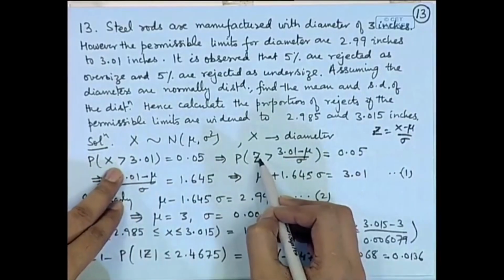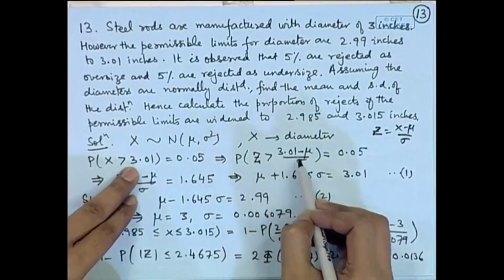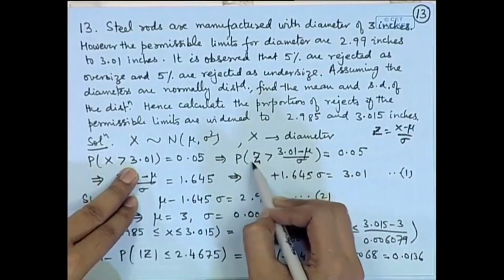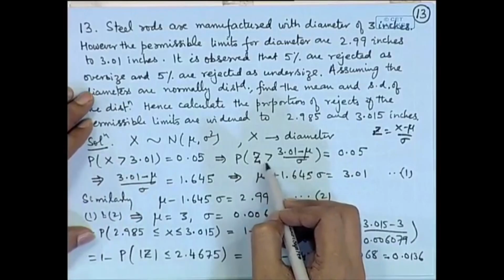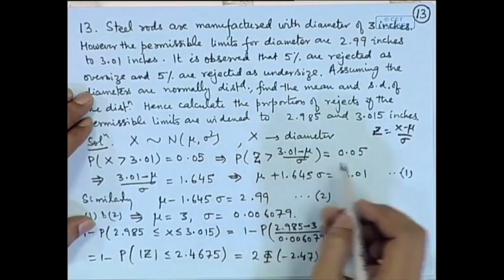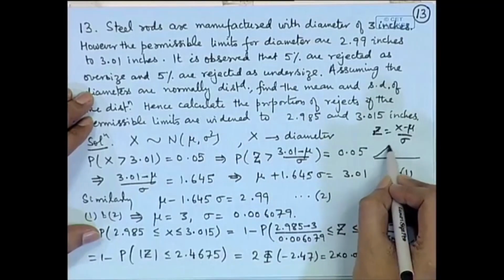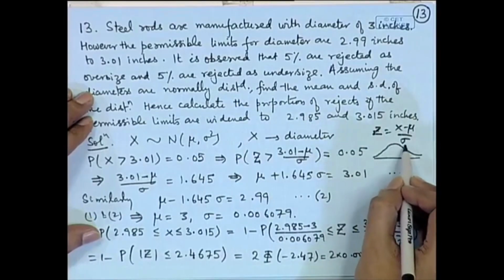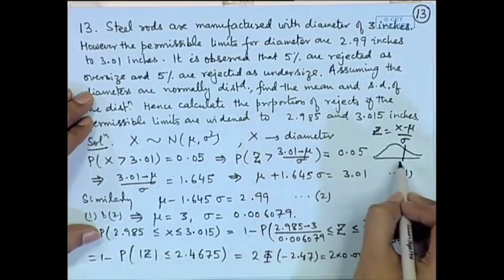So, this reduces to z greater than (3.01 minus mu) by sigma.